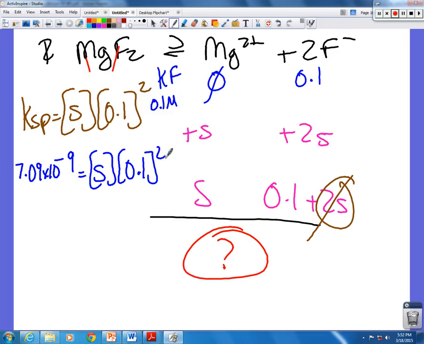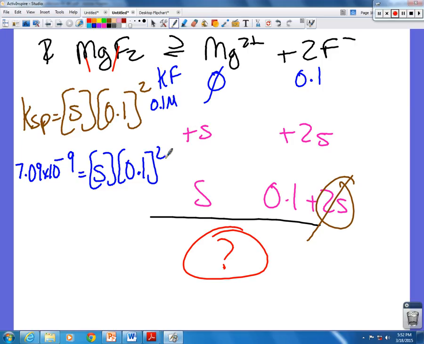How easy is that math? 0.1 squared is 0.01, right? Alright, 7.09 times 10 to the negative 8 divided by this.